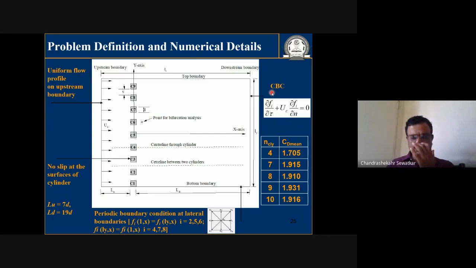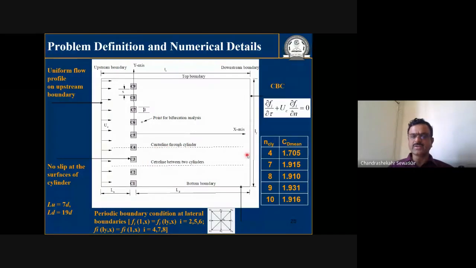It helps you reduce your computational domain by a substantial amount, and that helps us carry out the simulation a little faster. LU is the upstream distance and LD is the downstream distance we have taken. We have also carried out the domain independence study.